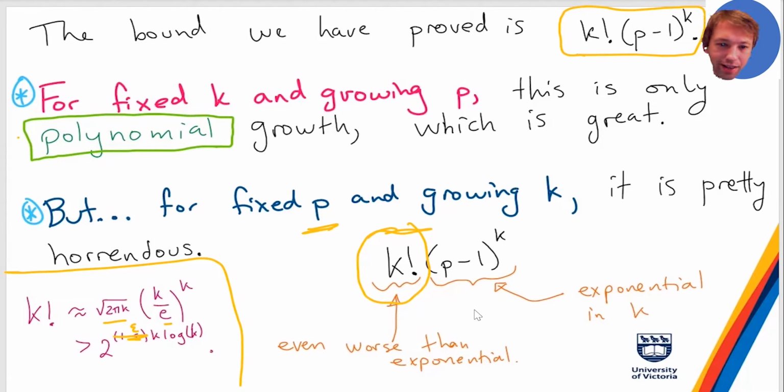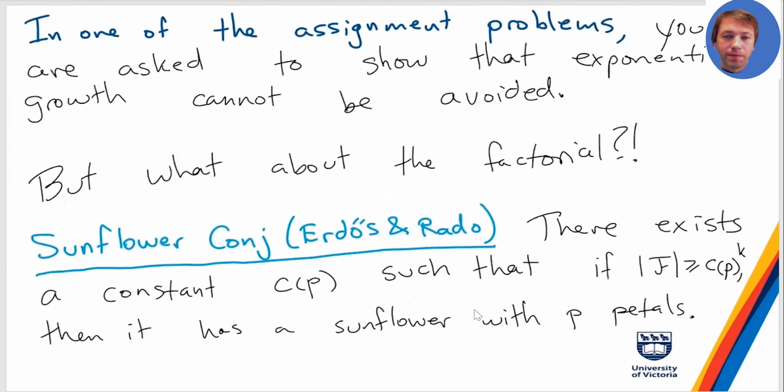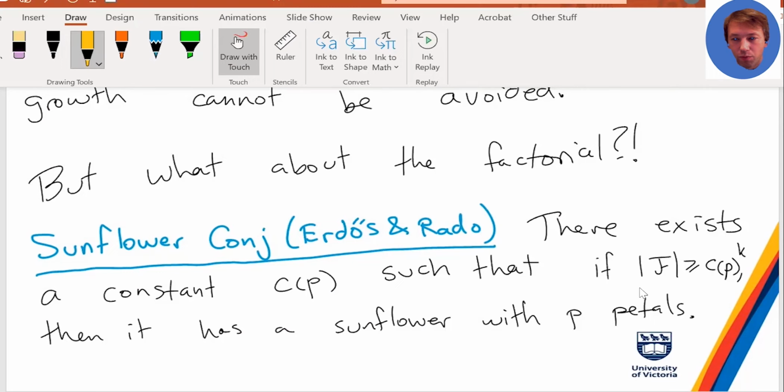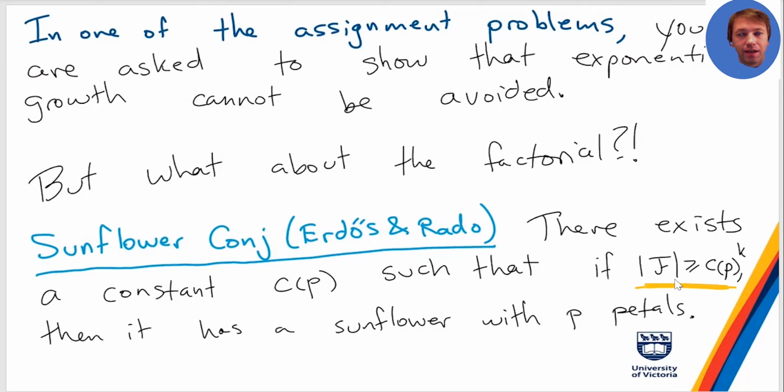This is all to say that it's a very interesting open problem to improve the Sunflower Lemma. There's a conjecture that the actual answer should be exponential: for every p, there should exist a constant c_p such that whenever |F| is at least c_p to the k, it has a sunflower with p petals.